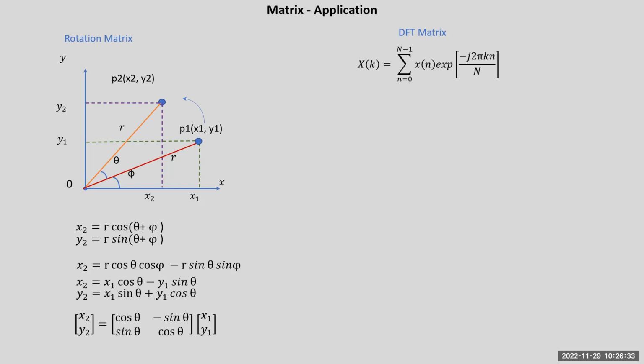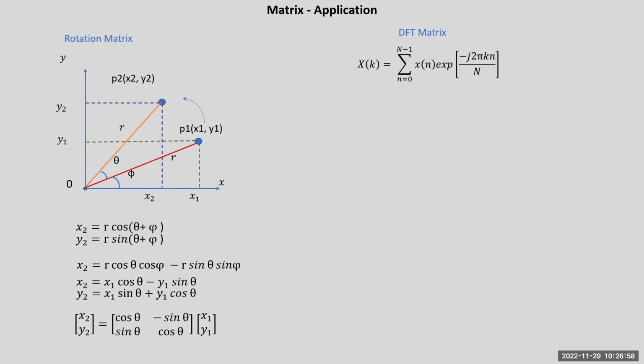Right now the equation is not important, but one can see the summation n varies from 0 to N minus 1, and if it is expanded for N values of k, which also vary from 0 to N minus 1, then you will get N simultaneous equations, and hence one can represent it in matrix form.